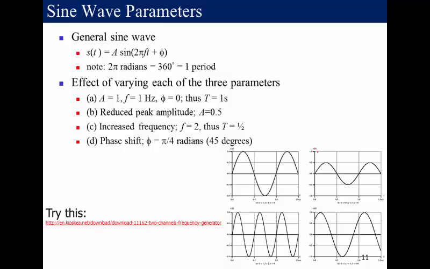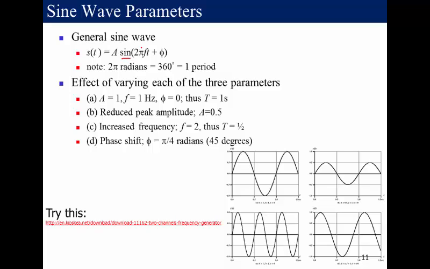Okay, more theory, in more mathematical forms. We can think of a typical sine wave to depict signals like this. Usually the form of a sine wave is this general form.